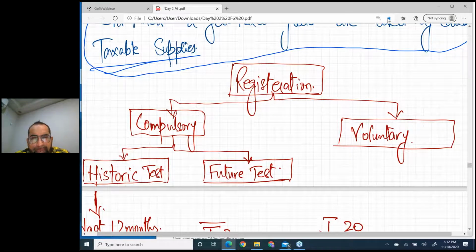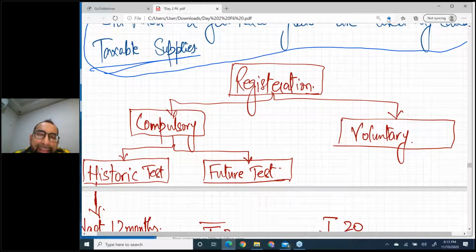For example, I am a seller and you are a buyer, and I am not registered or authorized with the tax department, and I am charging value added tax from you guys. This is basically a crime. I'm not the agent of government, and still I'm charging VAT from you. So only a registered trader can charge output VAT on sales.